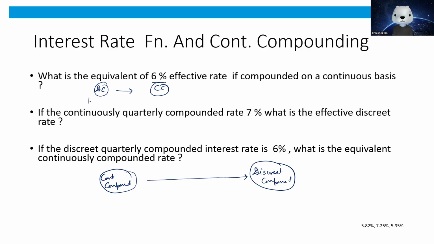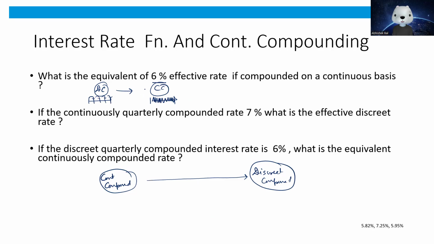Visually, it's like this. I do not know how many compounding periods are there. There could be n number of compounding periods, but they are all discrete in nature. Versus a continuous compounding, which looks like this, with infinite periods in between the given time frame.